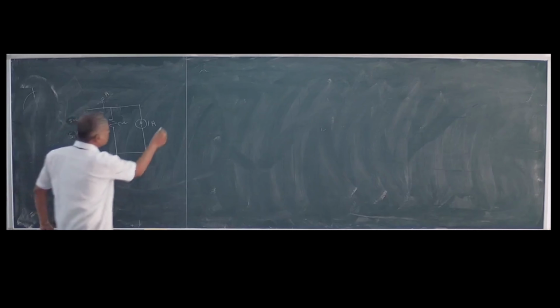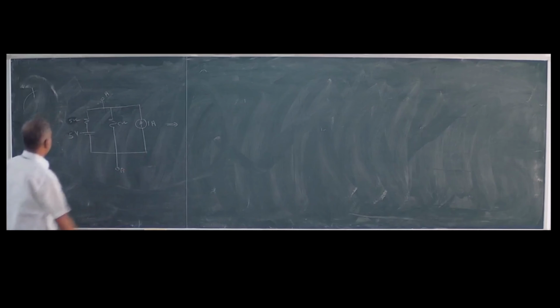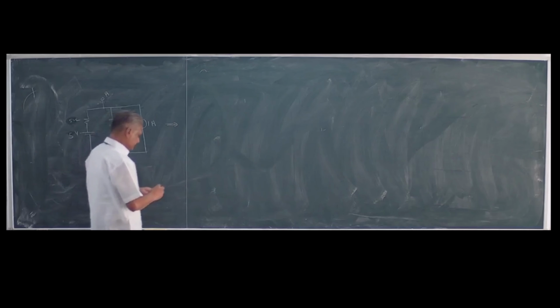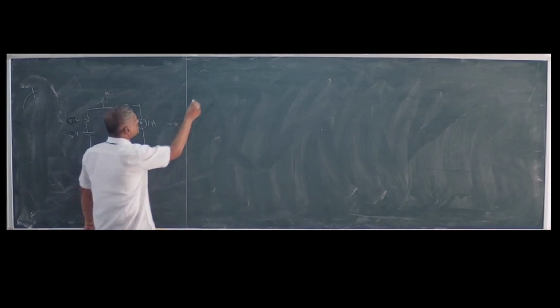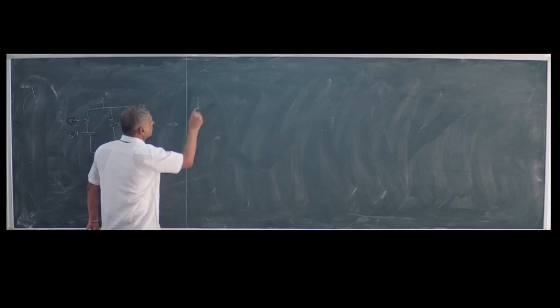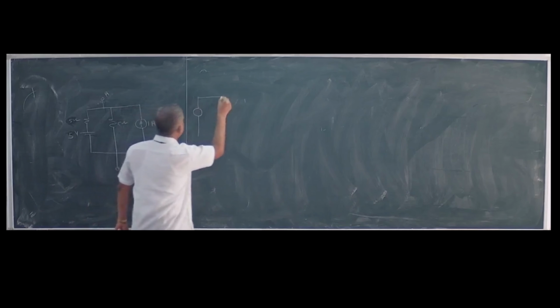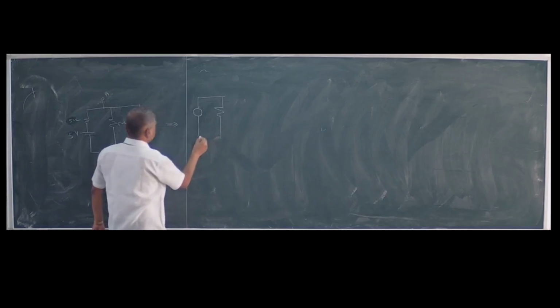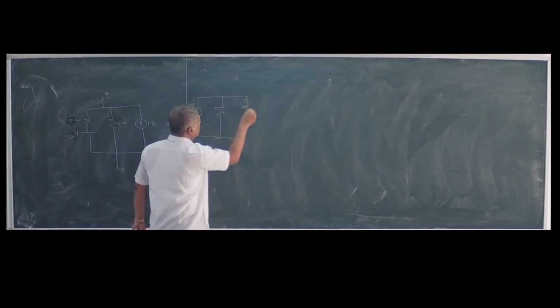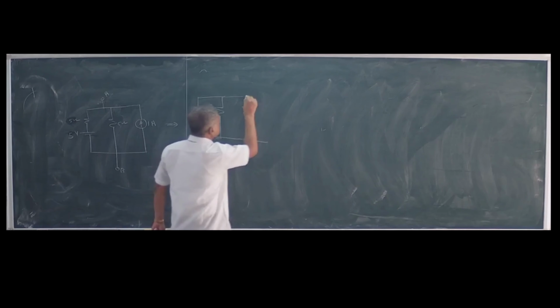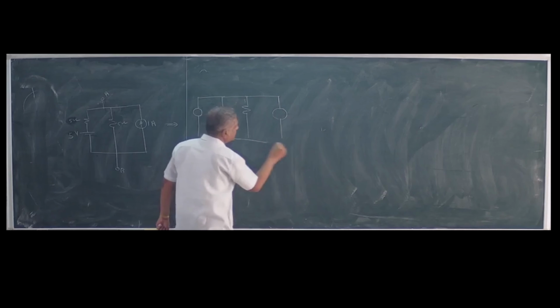Now here, first we will convert the 5 volt voltage source into the current source. Its figure will be something like this.